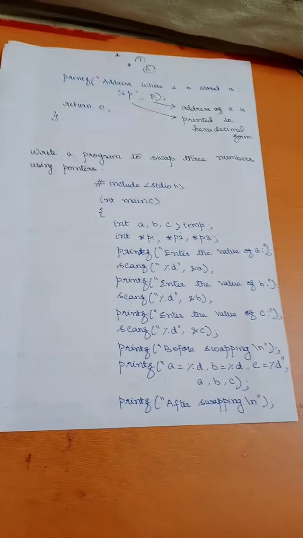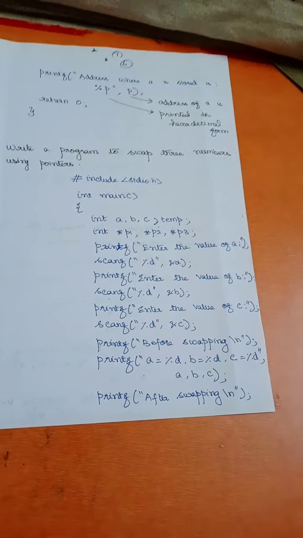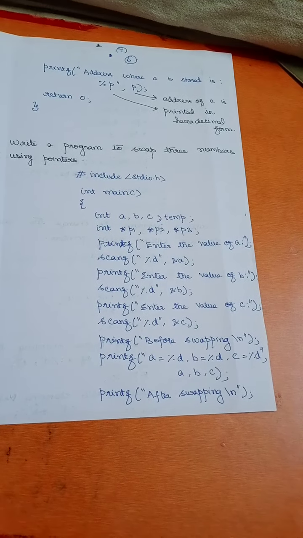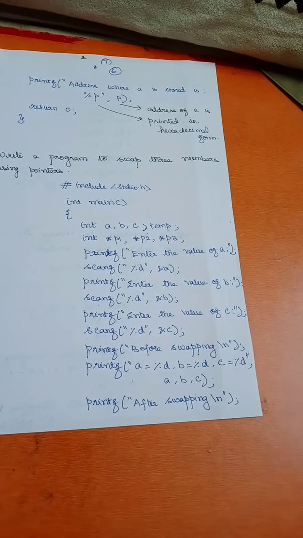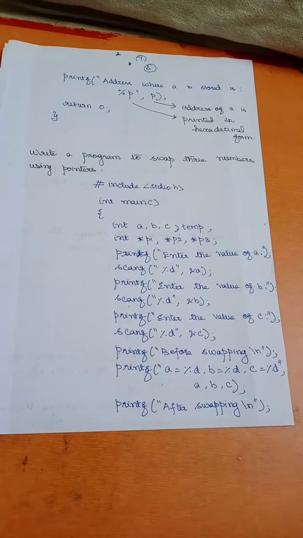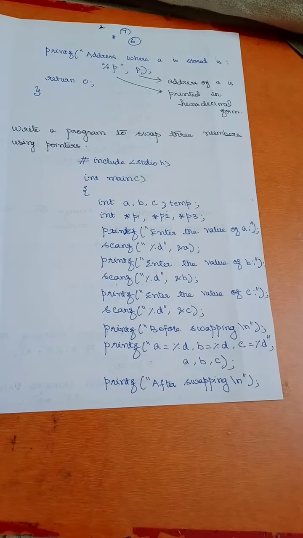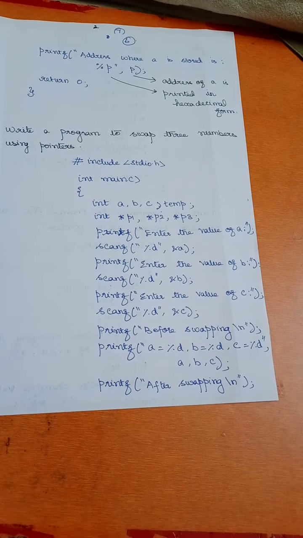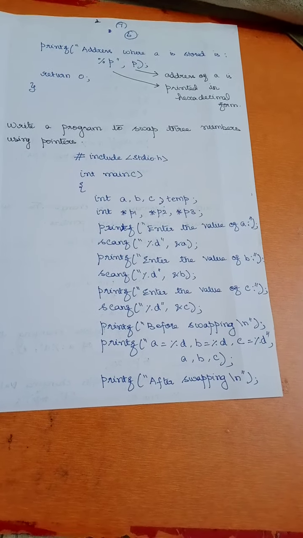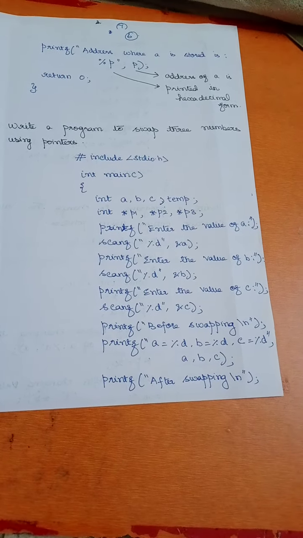Now, next we'll see another program. Write a program to swap 3 numbers using pointers. Already we have seen how to swap numbers using pointers, that is call by address. Now, I am not using a function for the call by address.